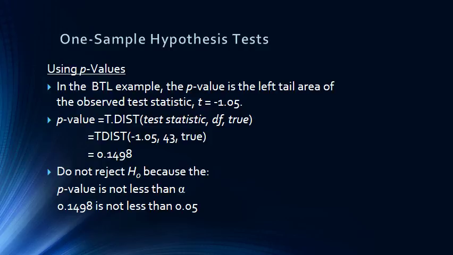The p-value in this analysis is 0.15. Interpreting the results, since the p-value of 0.15 is greater than the significance level of 0.05, we cannot reject the null hypothesis. Okay, so using the p-value, we can do this.